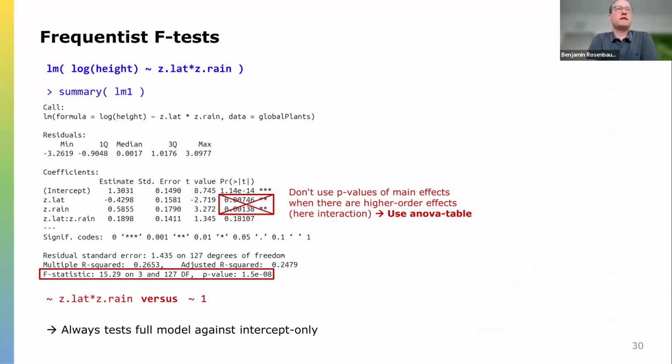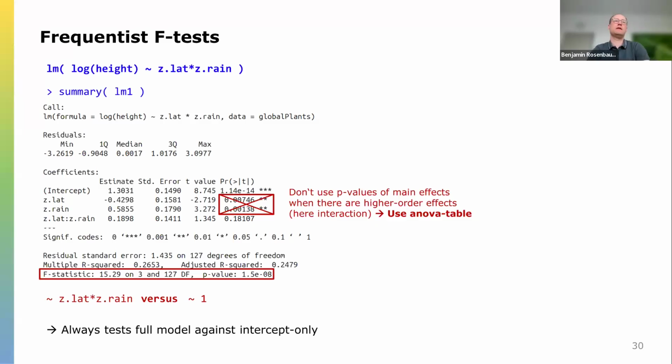Here, if you look at the classical summary output of such a linear model, you see some p-values. What does it mean? A p-value means I test the model against the null hypothesis that this parameter is actually 0. Then I get a p-value for it, and if the p-value is small, I can reject the null hypothesis that this value is 0.